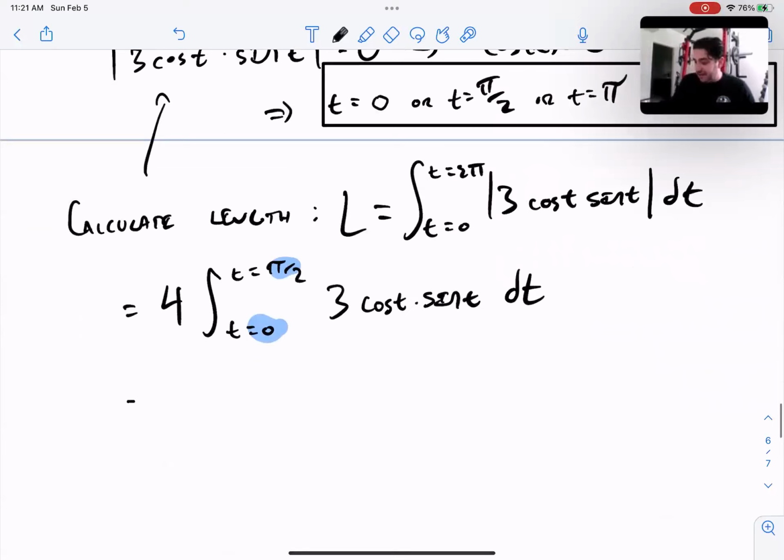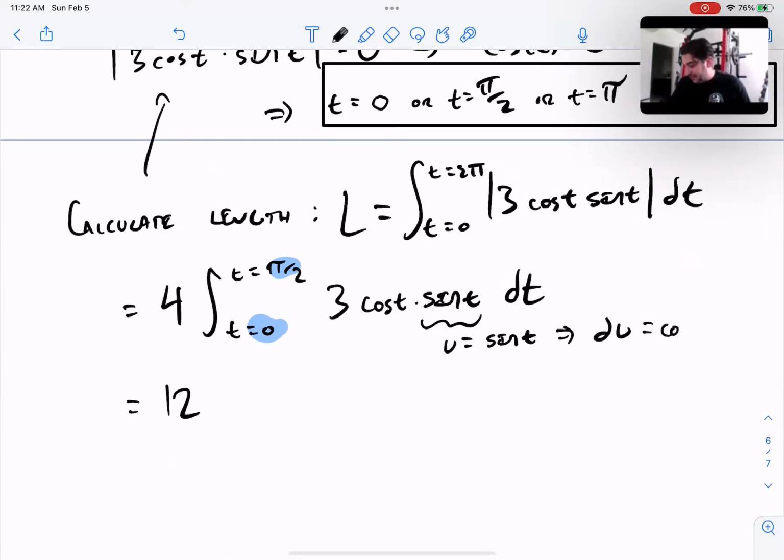Okay, then I can integrate this, and this integral is not too bad, right? Combine the constants. This is essentially just a u sub, right? Take u equals sine t. So then your du is exactly cosine t dt, right? So this is a super nice u sub. So this is just the integral of 12u du, right?